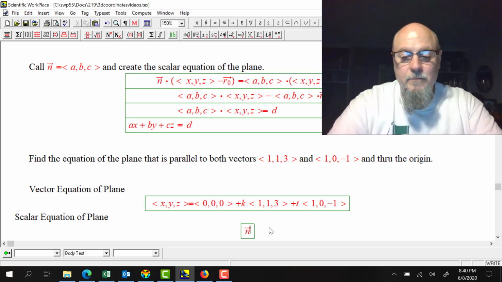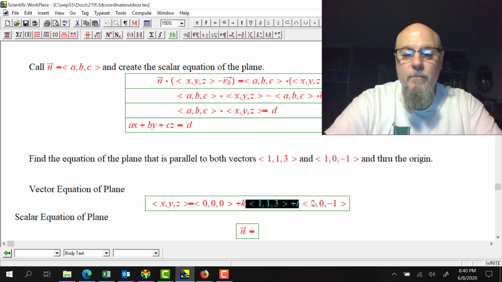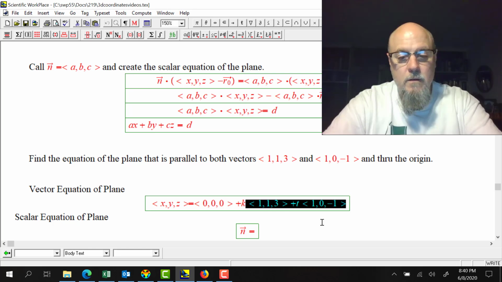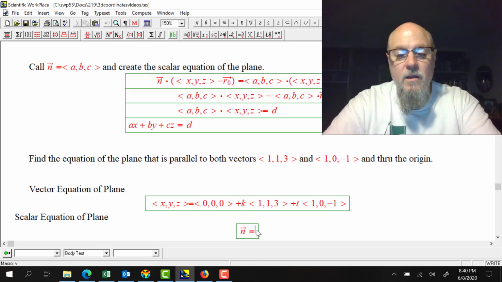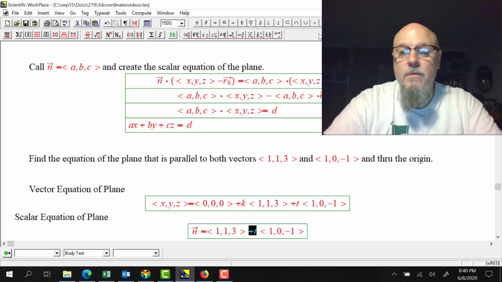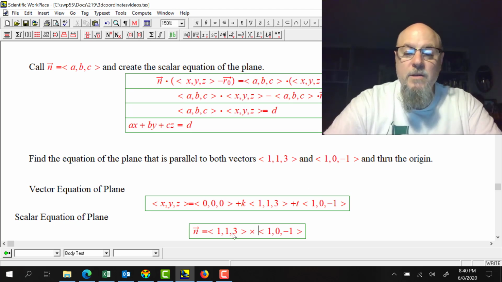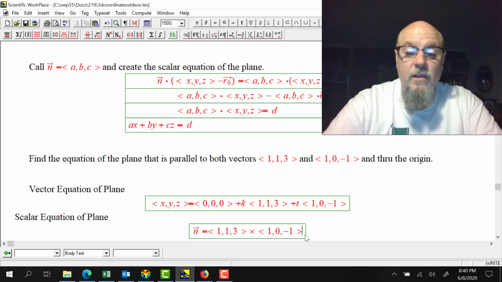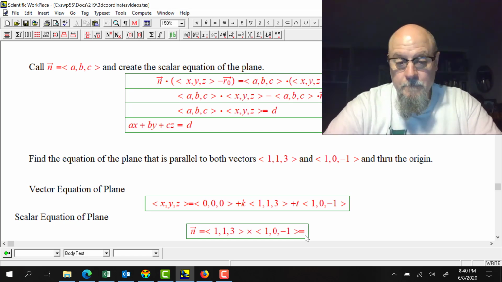I'm going to take these two vectors and cross product them. That'll give me a vector that's perpendicular to both vectors. That'll be the normal vector. That's what I want. So let's do our cross product formula.